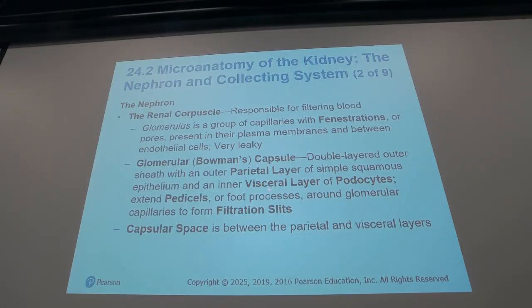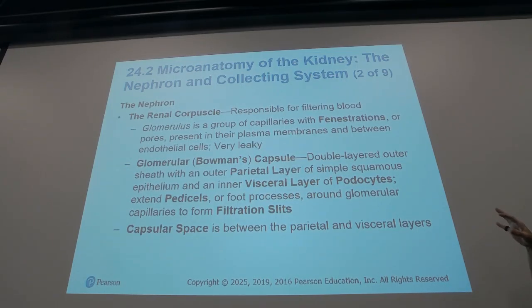So it has a visceral layer, and then it has a parietal layer. So that parietal layer is simple squamous epithelium, and the visceral layer has some cells that are called podocytes because they look like little feet. And they have extensions of the cytoplasm and the plasma membrane that are called the pedicels. And they form filtration slits that can open and close, allowing the passage of molecules.